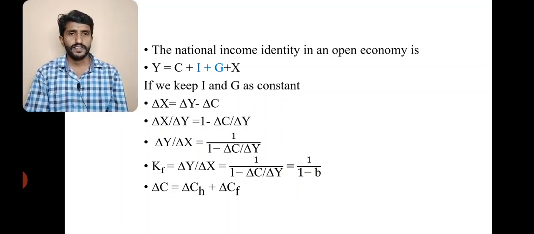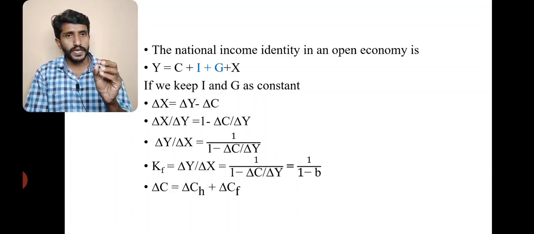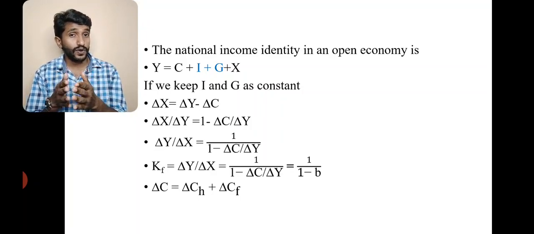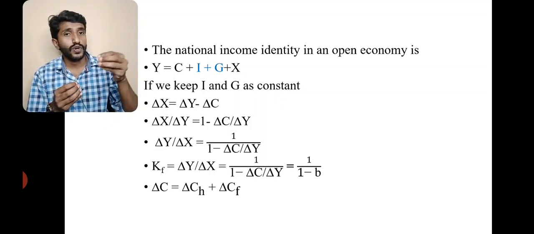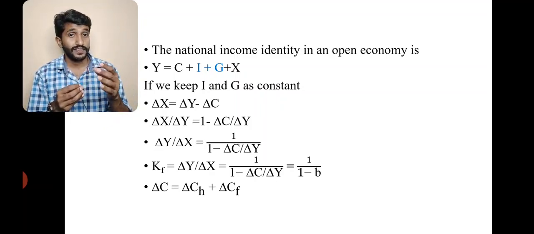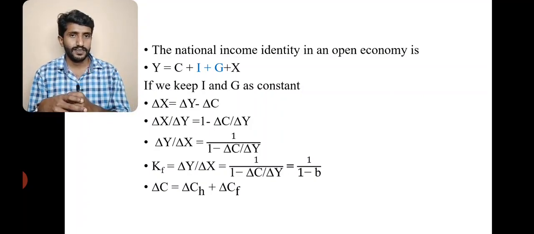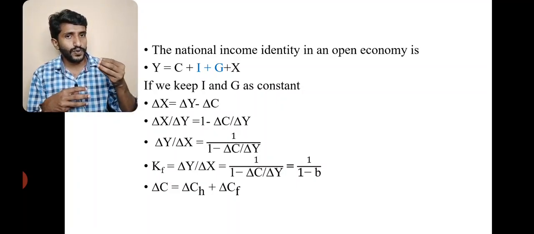But the difference is, in the investment multiplier, the MPC or marginal propensity to consume, we were considering only a closed economy, talking about consumption from the domestic market, right? But suppose we make our economy open, then there are two kinds of consumption: consumption of domestically produced goods and consumption of foreign goods.